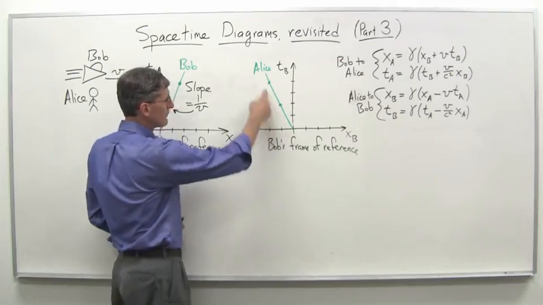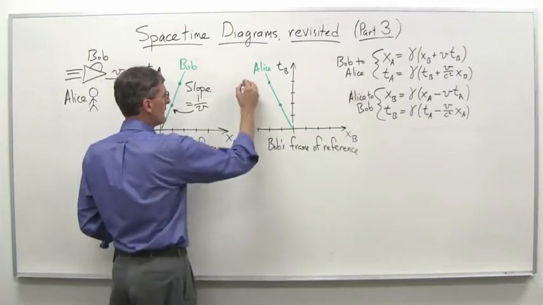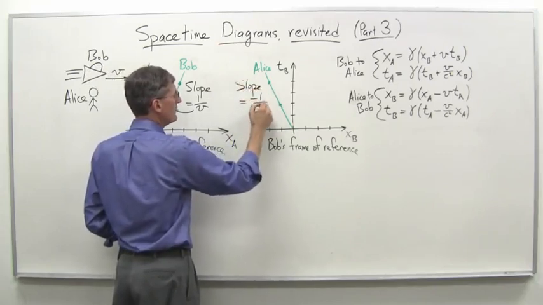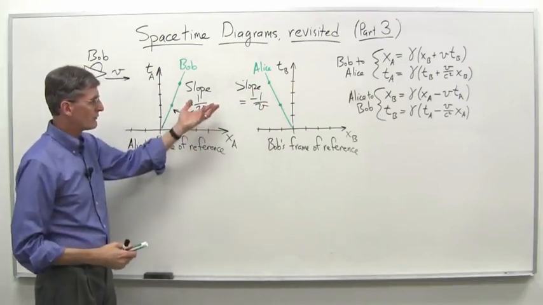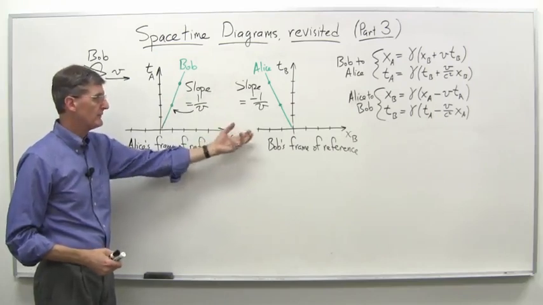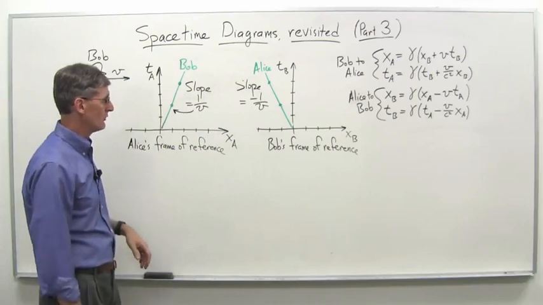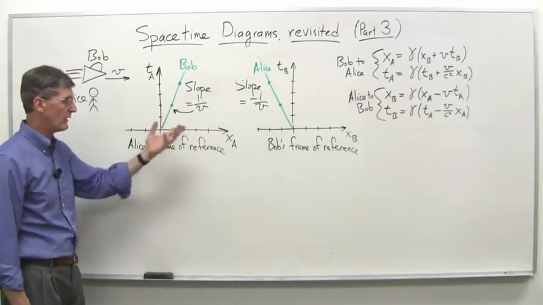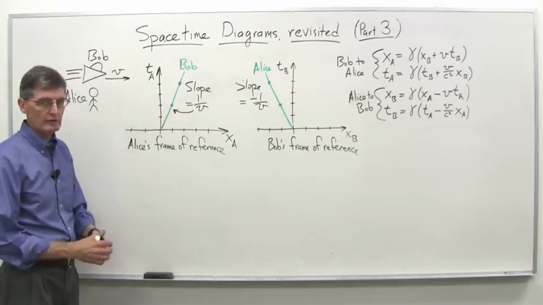He would see Alice receding backwards, so the slope here is -1 over v. It's sloping downward. Essentially Alice is going at -0.5 the speed of light to the left as far as Bob is concerned. So we can see there are symmetrical situations there. That's how Bob sees Alice in his frame of reference, and that's how Alice sees Bob in her frame of reference.